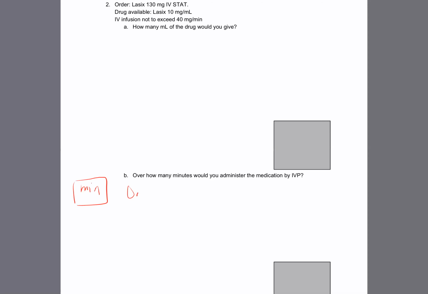Your order is 130. What's available is 40 milligrams per minute. So you're going to do order times available, 130 milligrams.